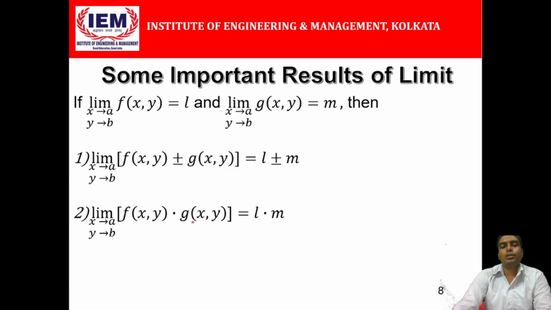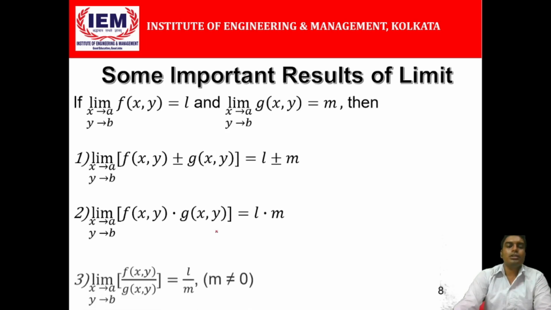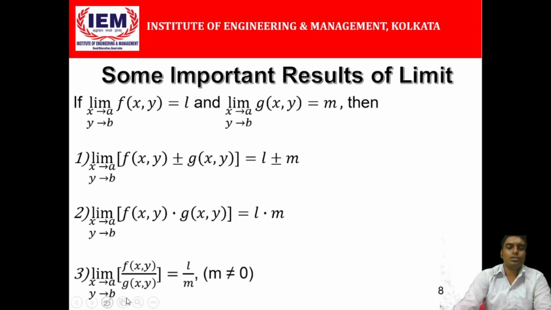Similarly, the same result holds for the multiplication of these two functions, and also for the division. The same results hold as for the single variable, so all the results hold for multiple variables. For the last one there is a caution that m should not be 0: the limit of g(x, y) should not be 0.